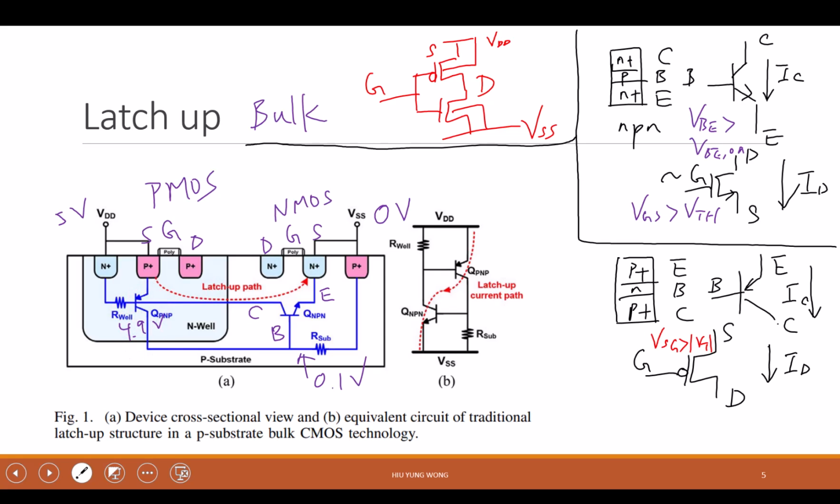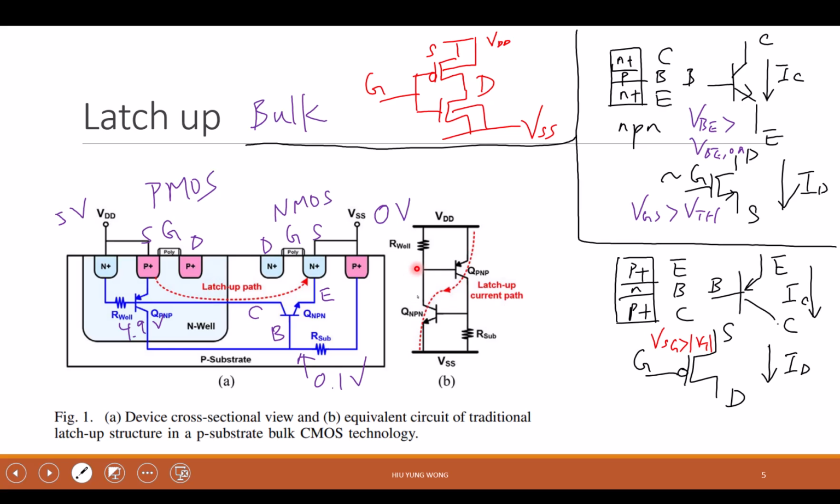If you try to trace the circuit, you will find that I actually have a circuit network like this. Between this VDD and source, even if the transistors are not turned on, I have this parasitic circuit. Now, when there is no current going on, this point is VDD, right?